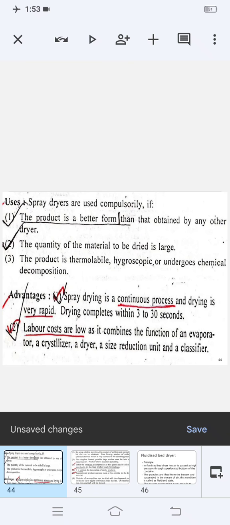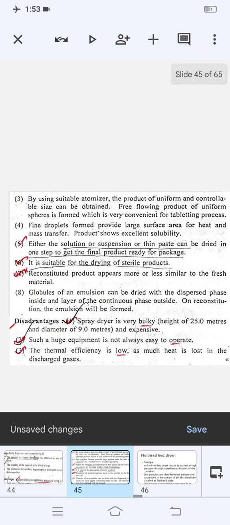These were the advantages. Also, either the solution, the suspension or the thin paste can be dried in one step to get the final product ready for packaging. It is also suitable for the drying of sterile products.